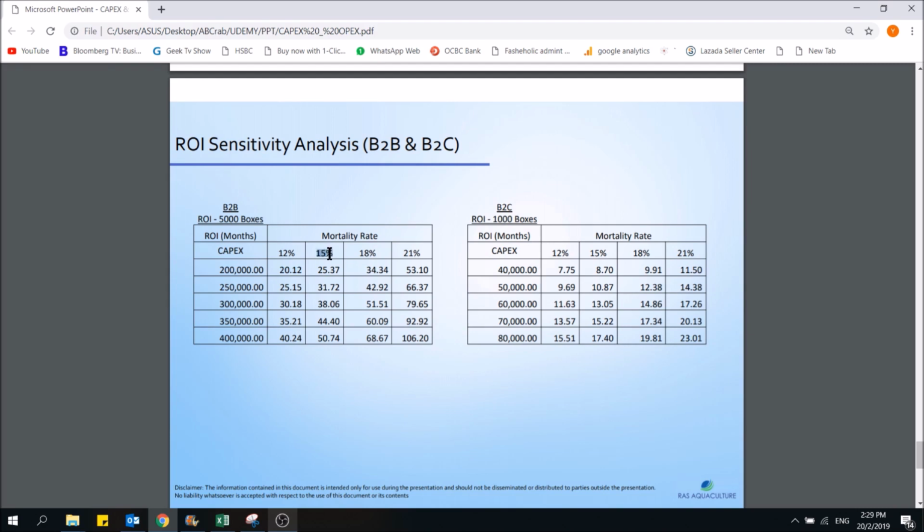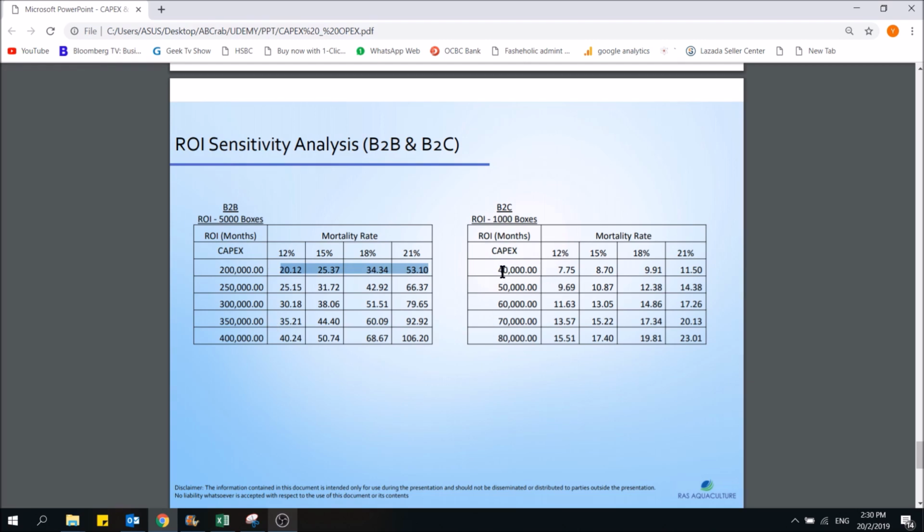Once you have a mortality of 15%, you start increasing to more than 2 years, and if you have 18%, you're close to 3 years, and at 21%, you are about 4.5 years. So what we'd like to show you is mortality plays a very sensitive part in your return on investment. It is actually more sensitive than capital cost.